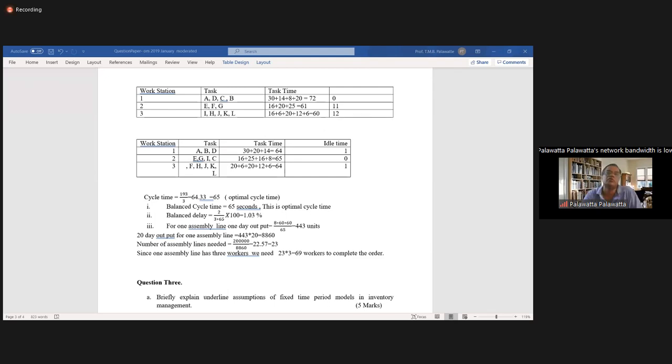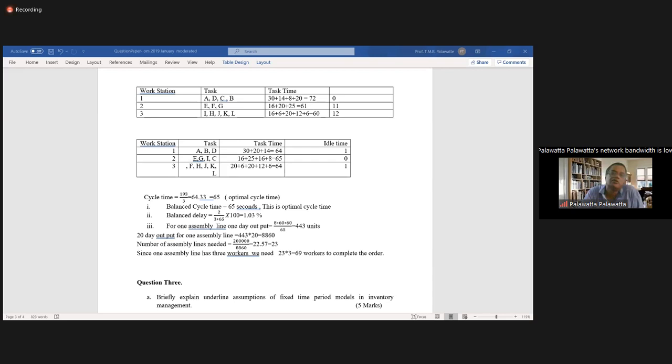So you have 28,800 seconds divided by 72. So then one day output is going to be 400 units. And then multiply that by 20, so then 1 month output is going to be 8,000.